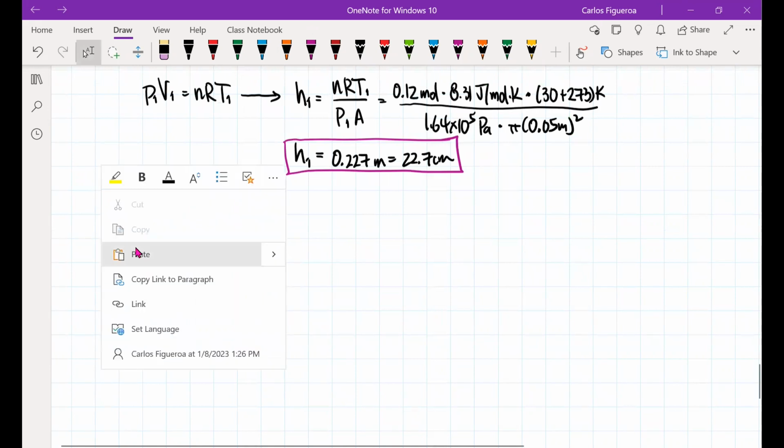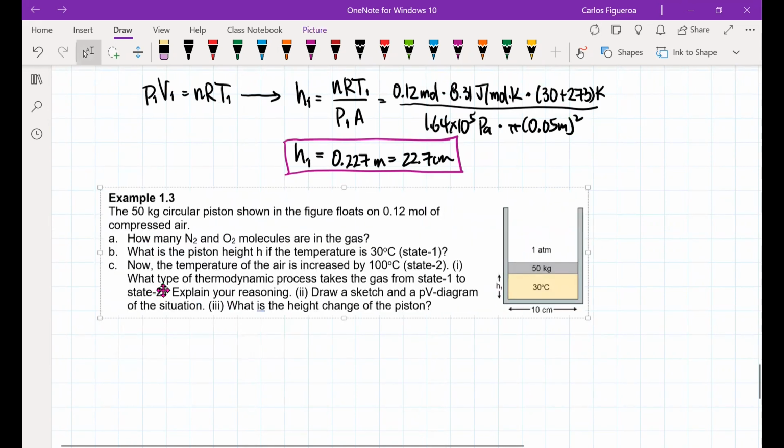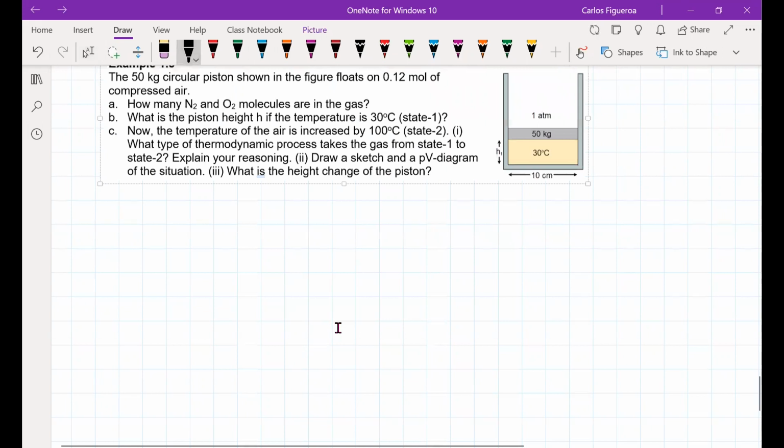We're now on C. What we see here on C is that now we heat up the air by 100 degrees C. So it goes from 30 degrees C to 130 degrees C, which is now called state 2. It asks, what type of thermal process takes the gas from state 1 to state 2? Explain your reasoning. And then it says, draw a sketch and a PV diagram of the situation.